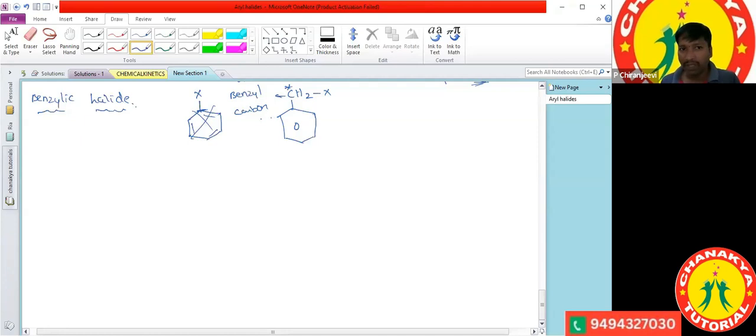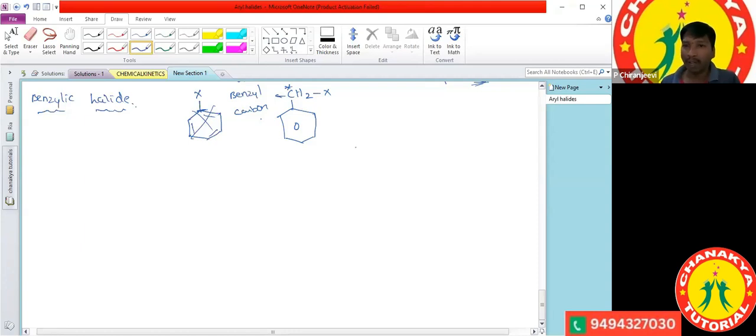Clear? So this is about the types of halides we have: haloalkanes and haloarenes, based on the halogens. Sometimes they ask about hybridization also.